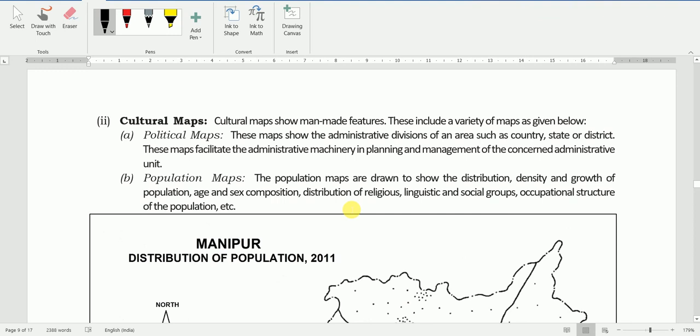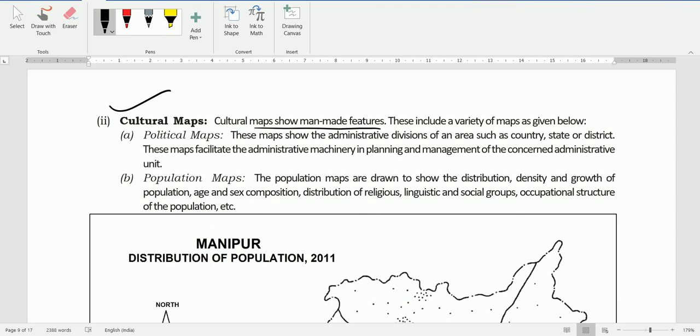Next, we have another type of map based on a function, that is the cultural map. Remember, we have two major types of map based on a function. The first one is the physical map. Another one is the cultural map. Cultural maps show man-made features, and they have different types.